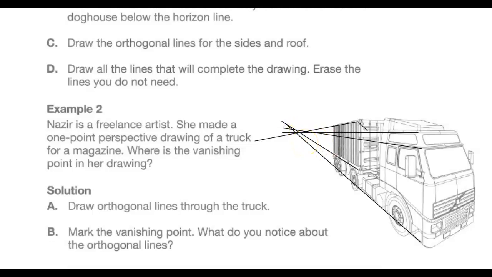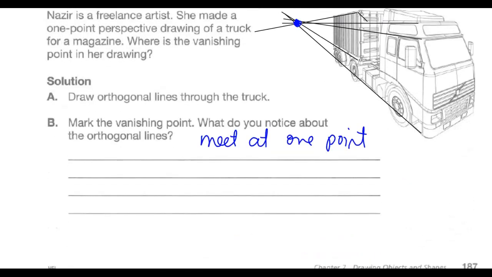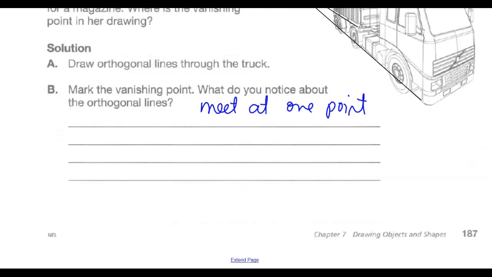I'm not terribly accurate, but the vanishing point is around there. Okay. So all the orthogonal lines meet at approximately the vanishing point. One point, which we call the vanishing point. Okay, so that's that section. Okay, so work on the practice and then head on to 7.4.